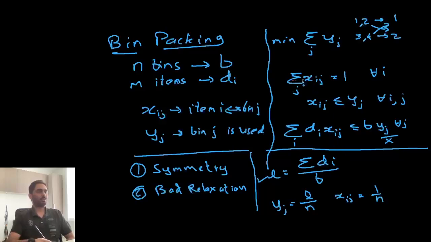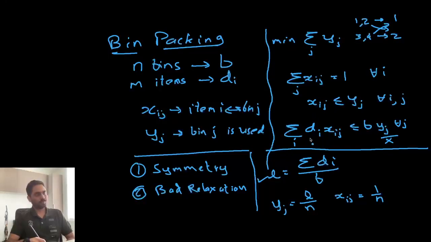Over here, all the constraints will be satisfied. The first one is a sum over all j; we have n bins, so summing 1 by n over n bins is going to be equal to 1. So this constraint is satisfied. Xij is clearly less than yj, because L is obviously greater than 1, since otherwise the problem is trivial.